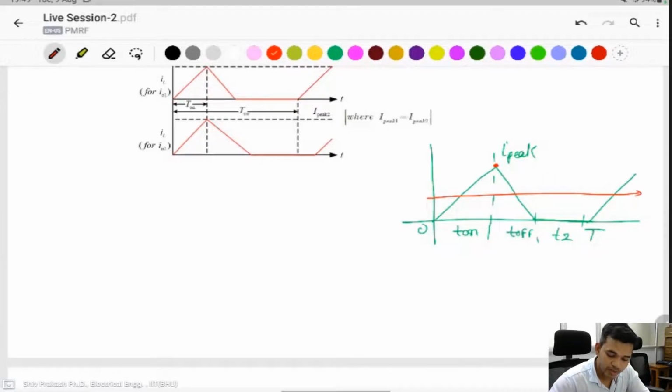Sorry, the time period is increased, then the average of this waveform also decreases here.